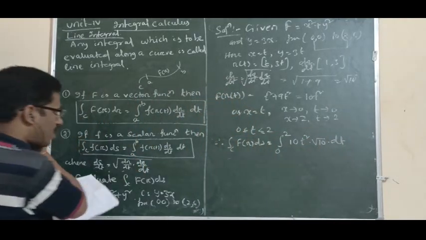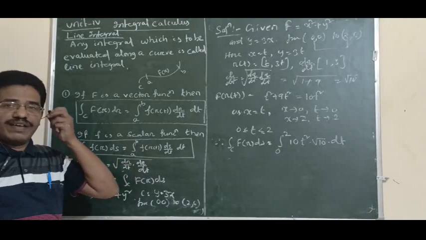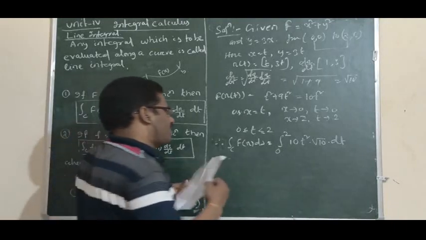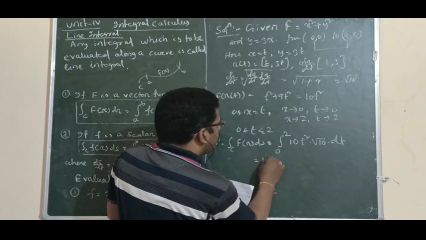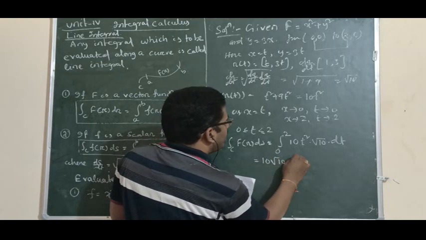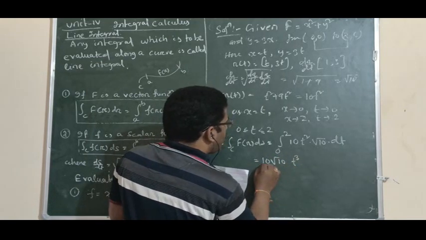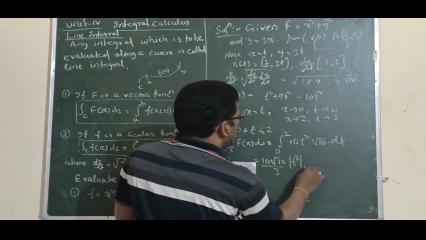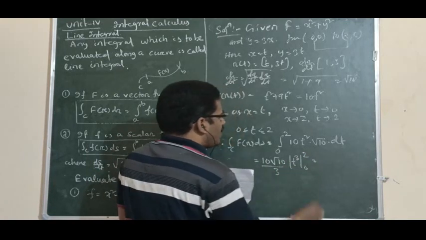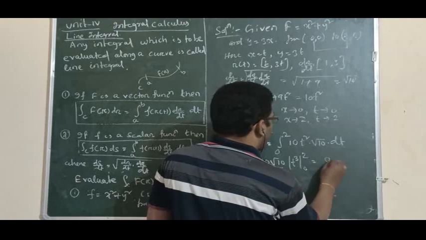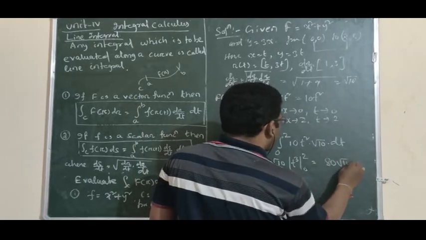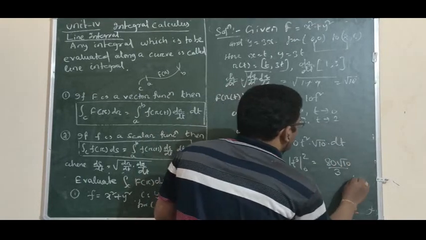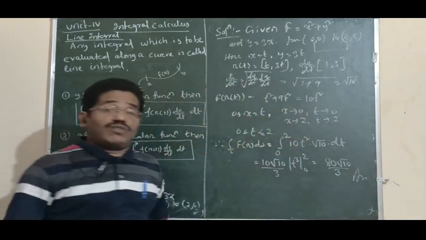The same formula we will use if f is a scalar function. Now this becomes 10 root 10 times the integration of t square, which is t cube by 3, from 0 to 2. That means we will get 80 root 10 by 3. This is your required solution.